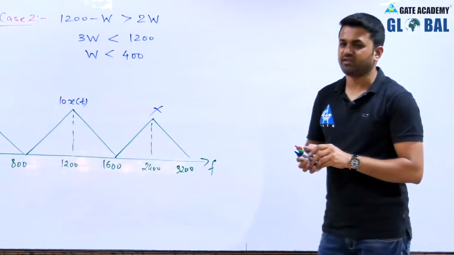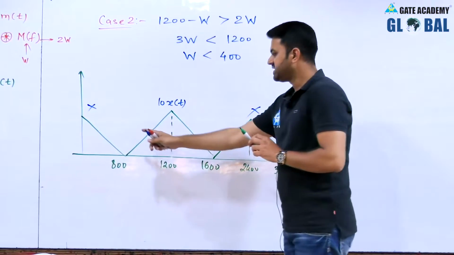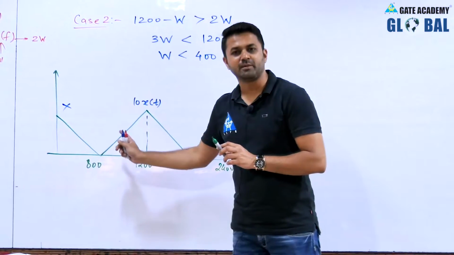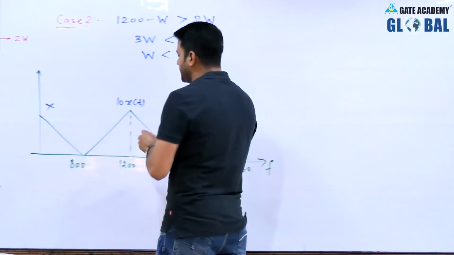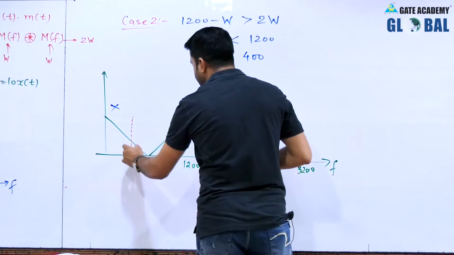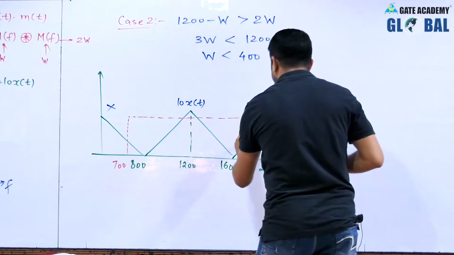So now it will pass through the band pass filter. If I take W equal to 400, then these signals will not overlap each other, but they will pass through the band pass filter, which has a frequency range of 700 to 1700.